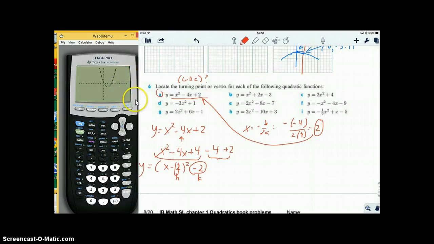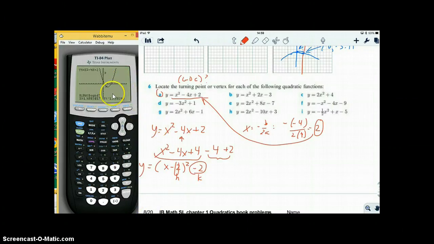Now you can use the calculator to find the vertex by using second calc. There we go. And we're going to choose minimum because this is a parabola that opens up, so we want the vertex as the minimum. For the left bound, we want to mark a point to the left of the vertex. Enter.